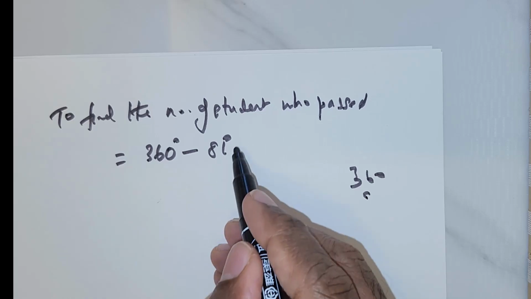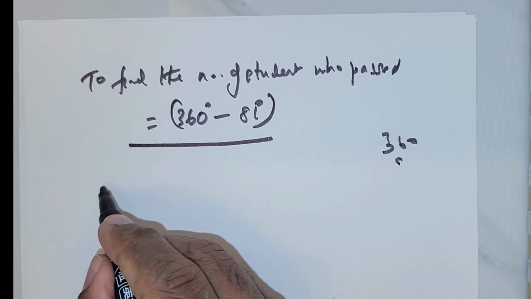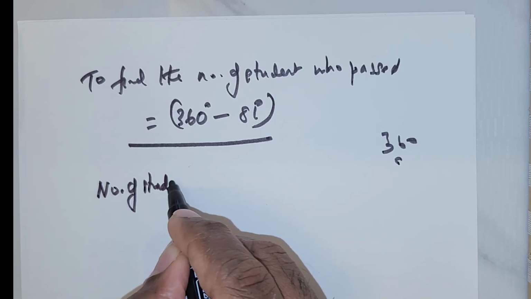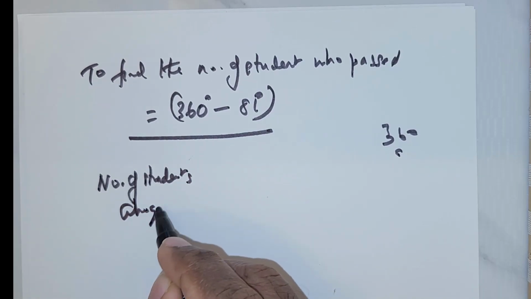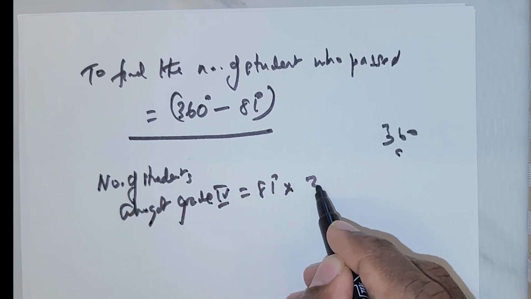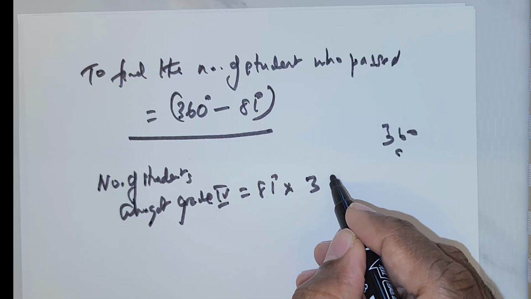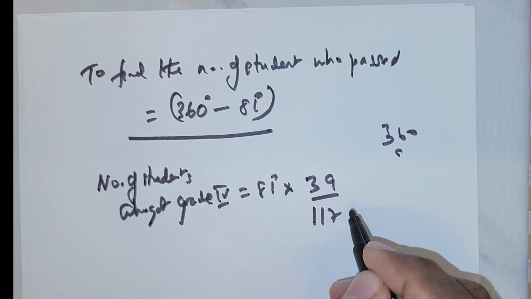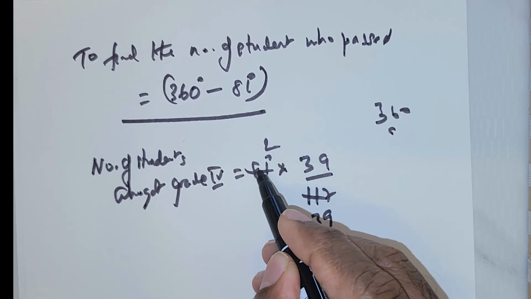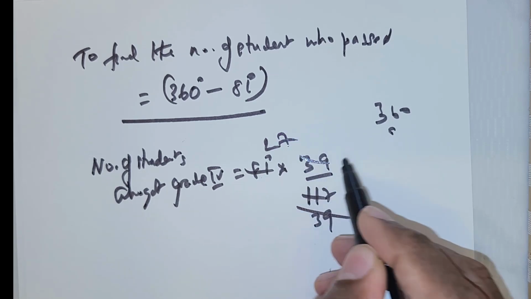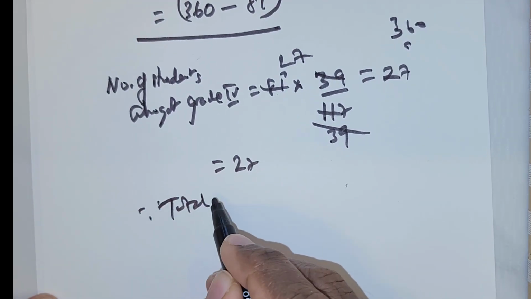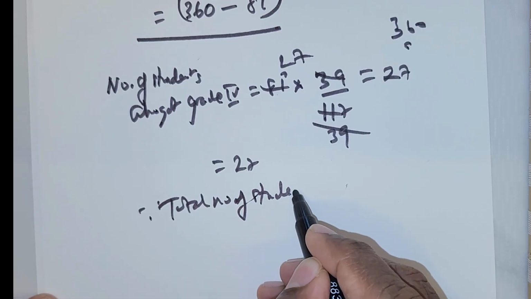So we can actually approach it in this fashion, or we can literally find the number of students who got grade 4. That's 81 degrees. We multiply 81 degrees by 39 over 117 to get the number of students. So 3 divides here 39 times, 3 divides 2 times, 21 7 times, 39 goes off, you have 27. So 27 students.